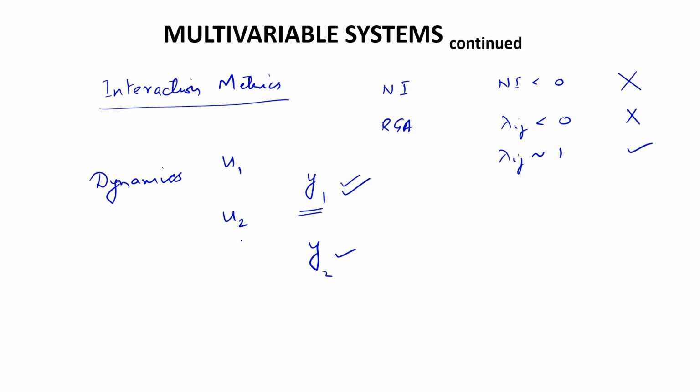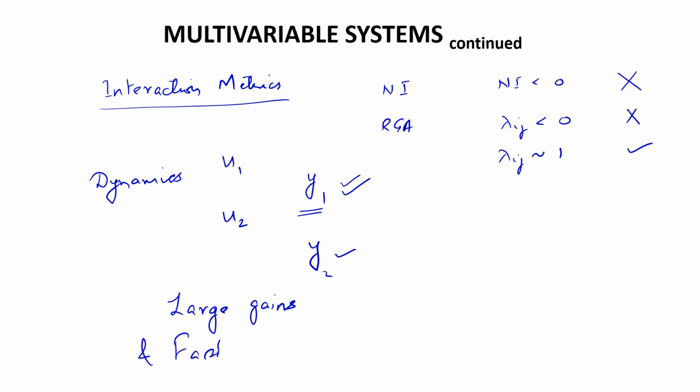So between u1 and u2, which one has a large and fast effect on y1? You should prefer large gains and fast dynamics.